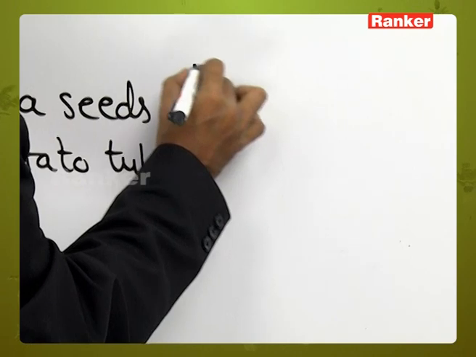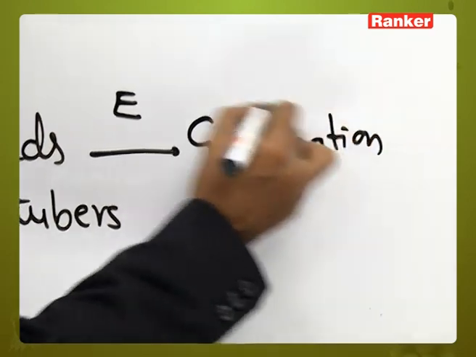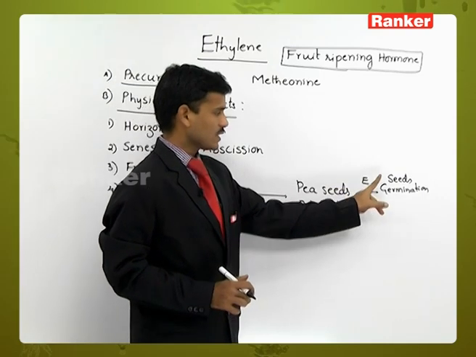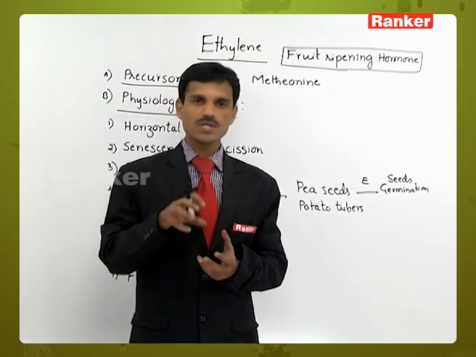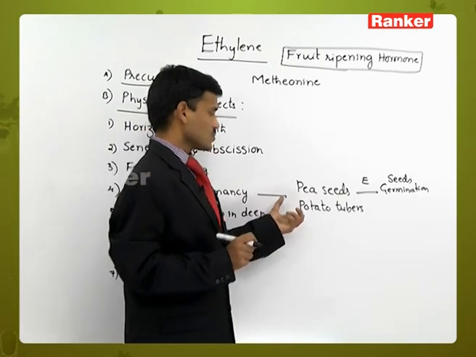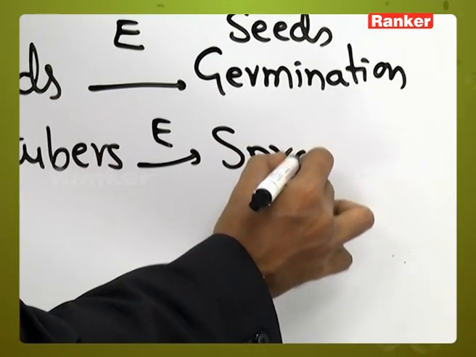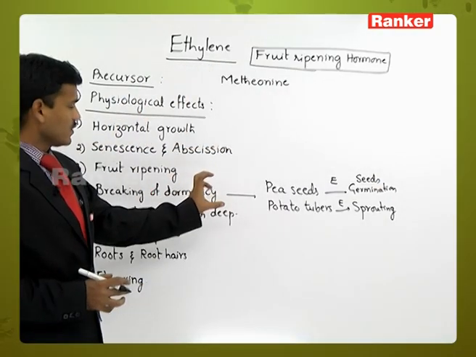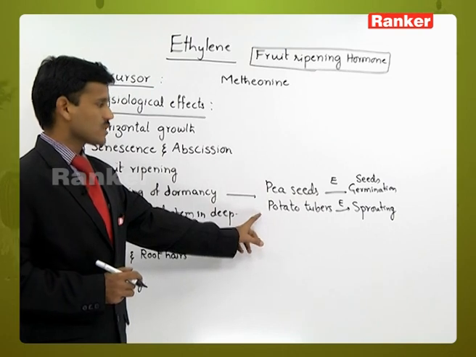In the presence of ethylene, seed germination is induced. In pea seeds, which generally show dormancy, germination occurs in the presence of ethylene. Next, potato tubers. Potato tubers are generally stored, and during storage sprouts or bud-like structures are formed. In the presence of ethylene, sprouting occurs. Ethylene is involved in breaking seed dormancy in the pea plant, Pisum sativum, and in potato tubers, sprouting.